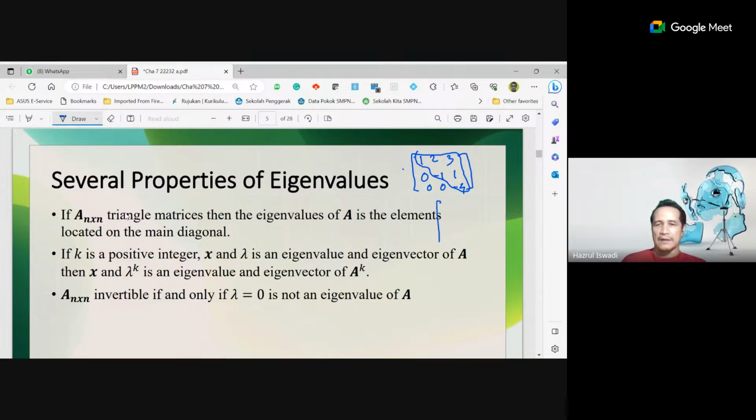The other triangular, for example, minus 1, 0, 0, 1, 2, 0, 2, 3, 4, is also triangular. The eigenvalues for these matrices can be obtained directly from the main diagonal. This is property number one for eigenvalues.